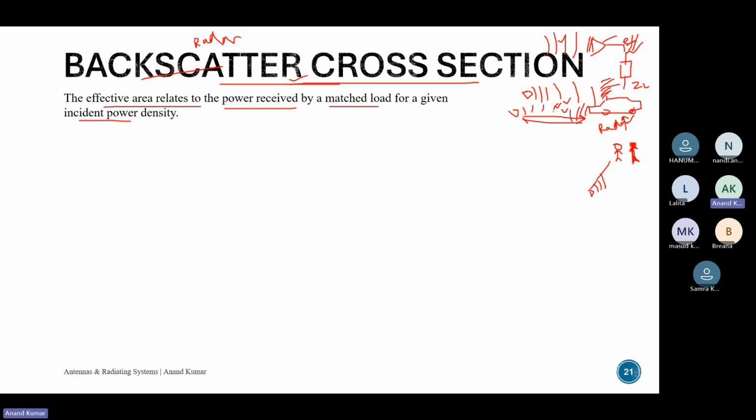The wave is incident on me and reflected back to the radar. The strength of the signal reflected from me will be not much less, but definitely lesser than the scattered wave from my statue, which is completely metal.